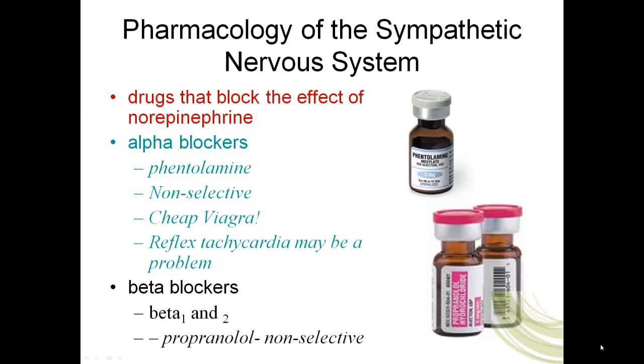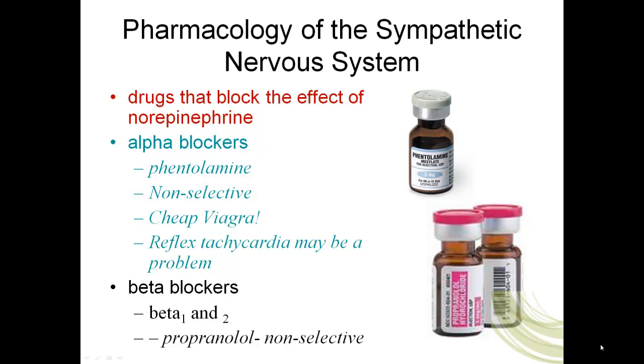Now our last slide, these are drugs that are going to block the effect of norepinephrine. These are antagonists. So phentolamine is an alpha blocker. If someone takes phentolamine, it's going to block their alpha 1 receptors and therefore blood vessels vasodilate. This was used as the cheap Viagra.